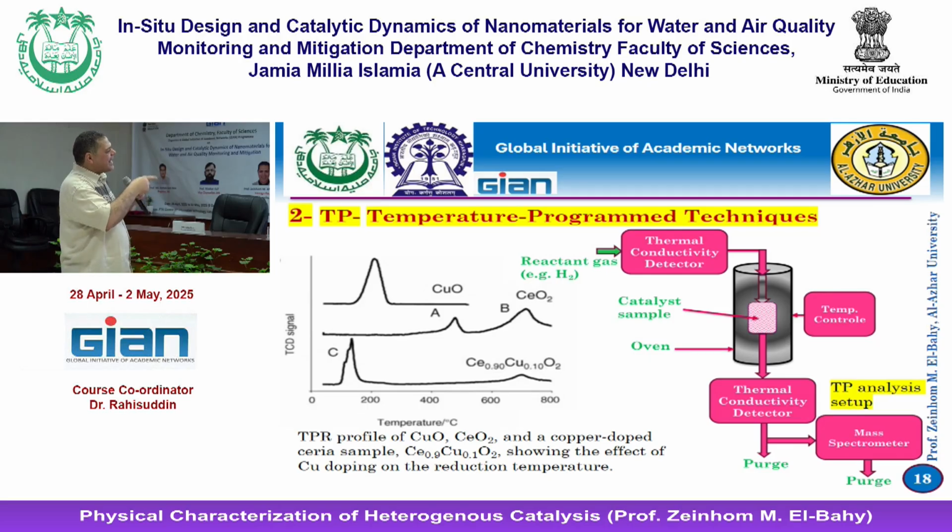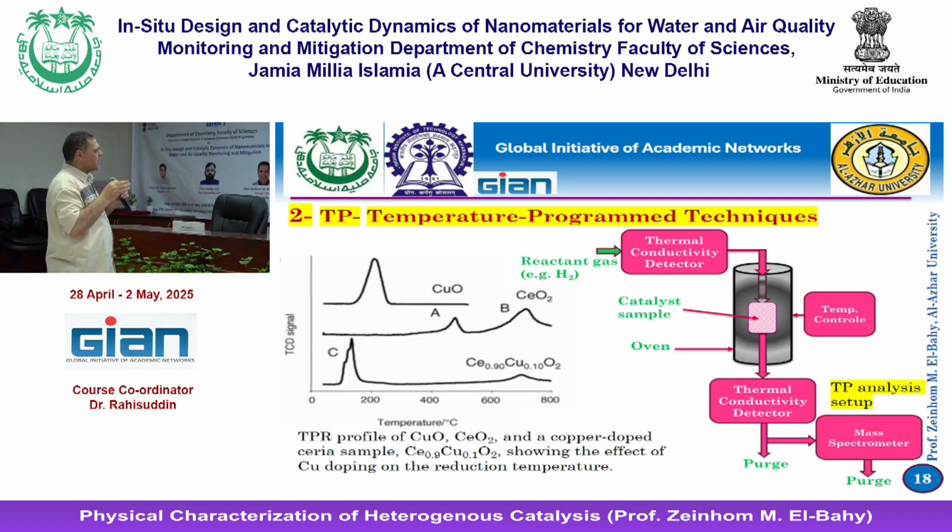You measure the gas after going out from the sample like this by mass spectrometer or by any technique, or by GC. And this is the data you can get from it.